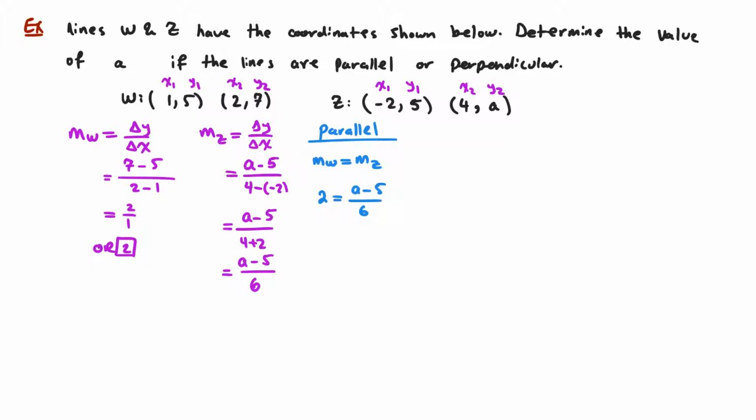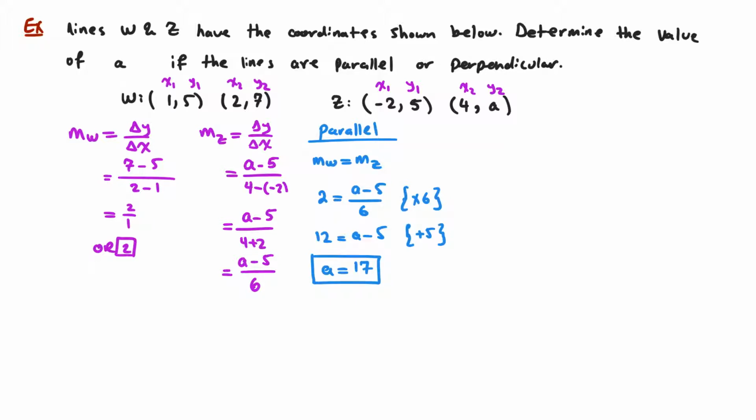So to do that, I will multiply both sides by 6. And that gives me 12 is equal to A minus 5. And I will add 5 to both sides, and I will get A is equal to 17. So if they are parallel, then my A value needs to be 17.